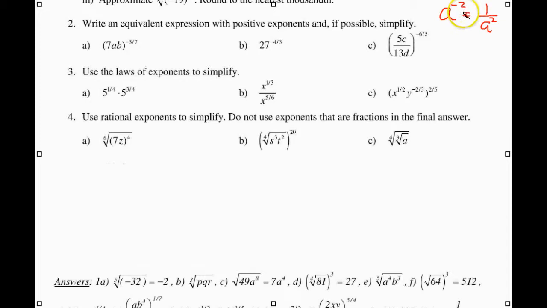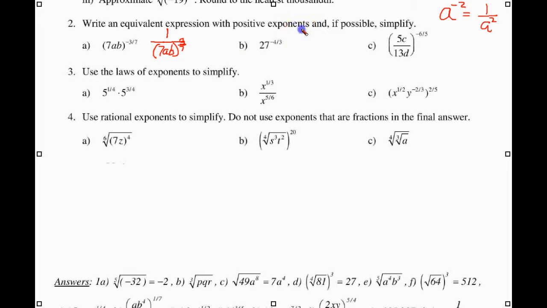And we'll be using that when we do logarithms in chapter 9. But here's where we start to see it a little bit. So this is just going to be 1 over, in parentheses, 7ab to the 3/7. This just moves down, the sign changes.